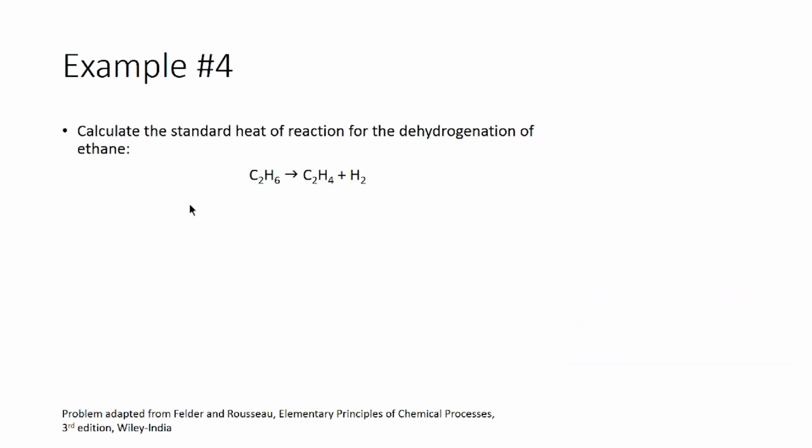If we use the equation directly, the heat of reaction would be equal to sigma over reactants of nu_i times delta H_c_i, minus sigma over products of nu_i times delta H_c_i. So this would be the heat of reaction.